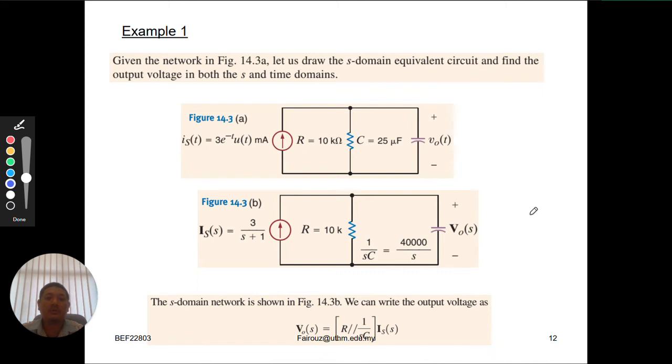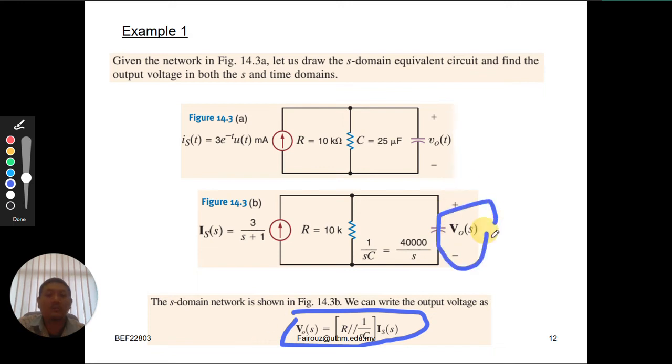You can obtain the output voltage by using Ohm's law, V equals IR. V is the output that we want to obtain.